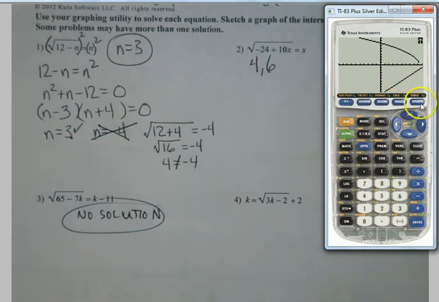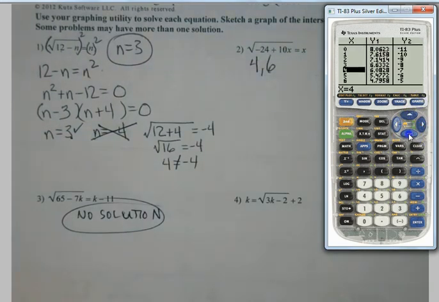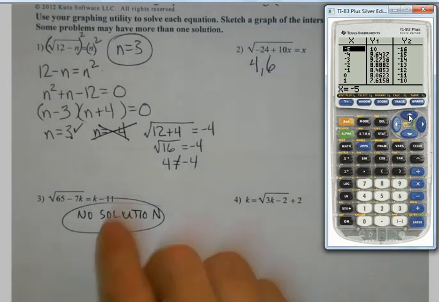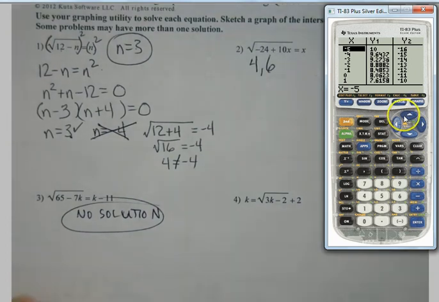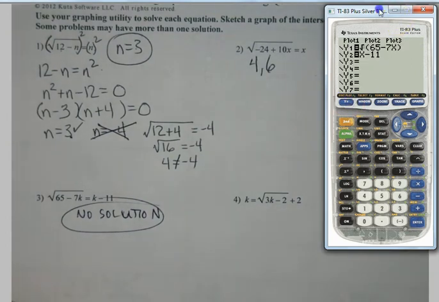Now, if you really want to double check, go ahead and scroll through the chart for a little while and see if you get any values that match up for both y's, and you're going to find out you don't. If you did this algebraically, that's going to take a long time. So again, I'd suggest that you don't go that route.